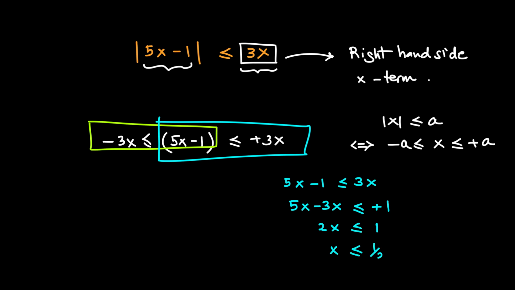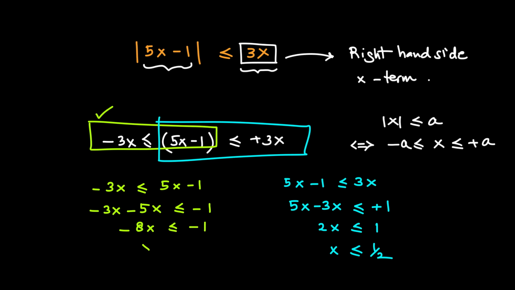Therefore, x is less than or equal to half. Similarly, if we focus on the green portion, negative 3x is less than or equal to 5x minus 1. Negative 3x minus 5x is less than or equal to negative 1. Negative 8x is less than or equal to negative 1. Therefore, x is greater than or equal to 1 over 8.